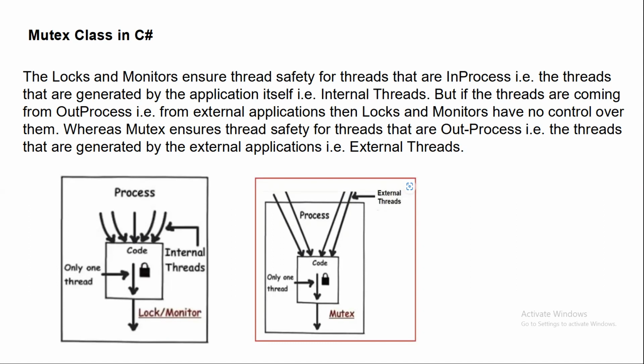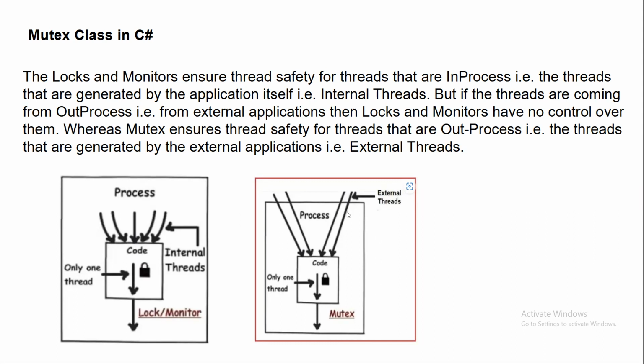But let's say in C#, .NET is a big framework. There are a lot of third-party libraries, a lot of DLLs available. Suppose the threads are coming from beyond your program, from the outside and not inside the program, so external threads are coming.